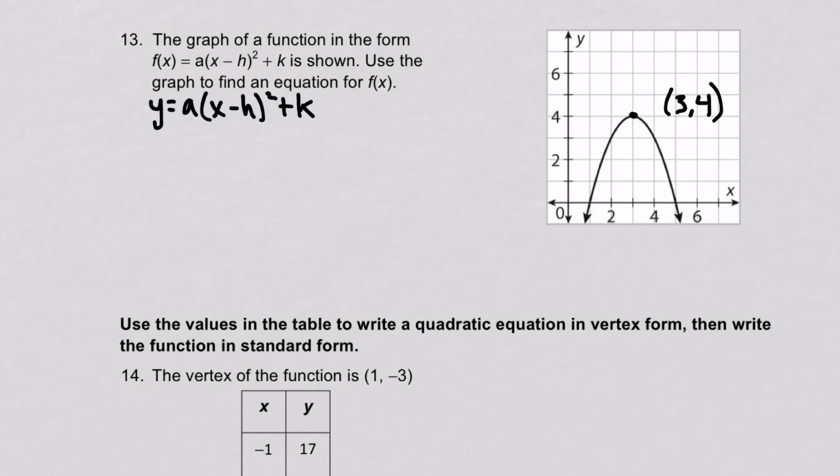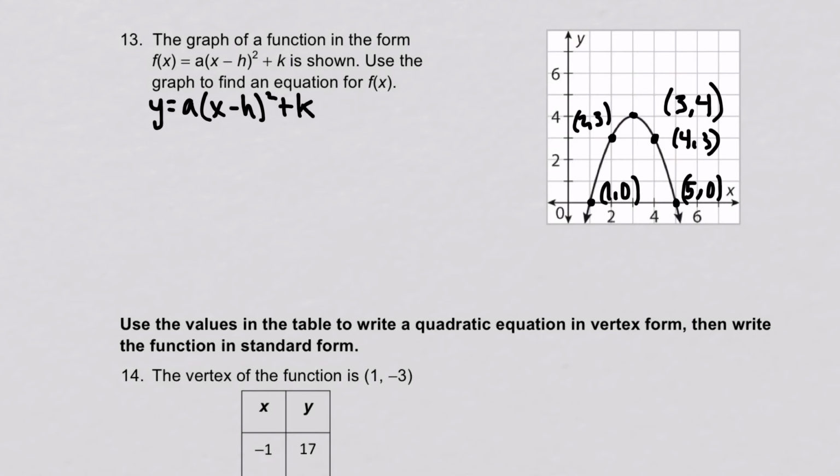So let's use this point here, which is 1, 0. You could also use this one, which is 5, 0. And there's this one right here, which is 2, 3, and also this one, which is 4, 3. You have so many options in this case.